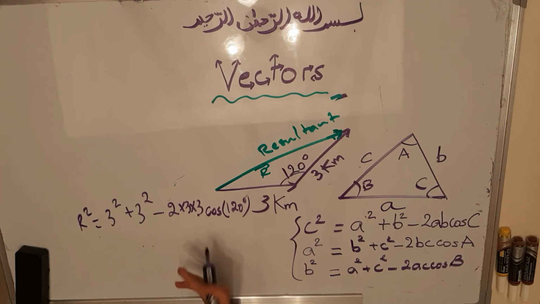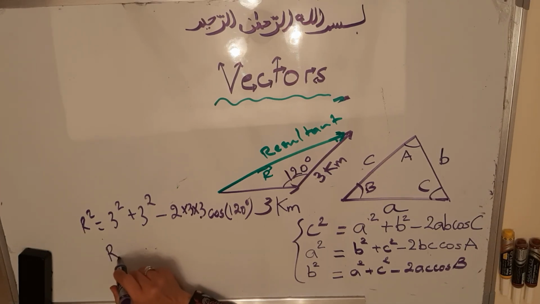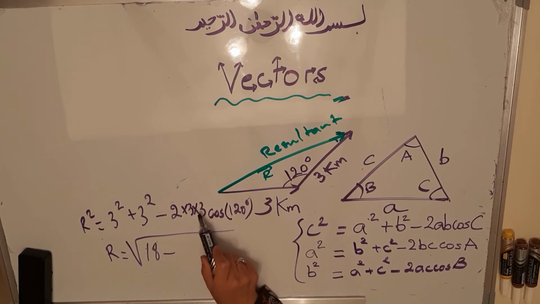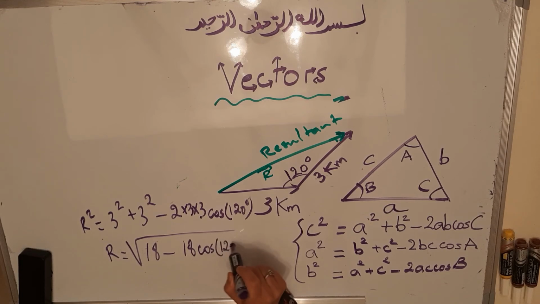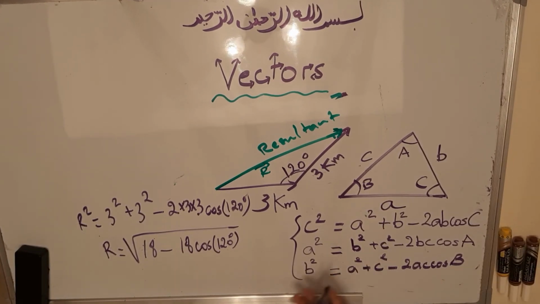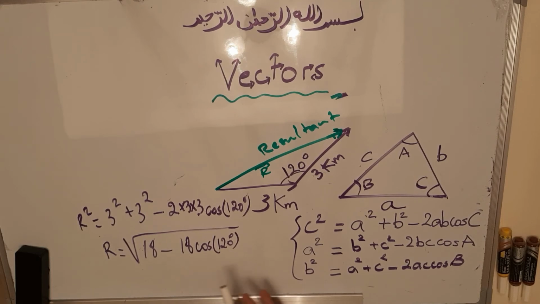Then you just go to your calculator and take the square root of 9 plus 9, which is 18, minus 3 times 3, 9, times 2, again it's 18, cosine 120. I do not have a calculator by my side, and I do not want to go through the calculation, but I hope that you got the idea. So that's how we add vectors.